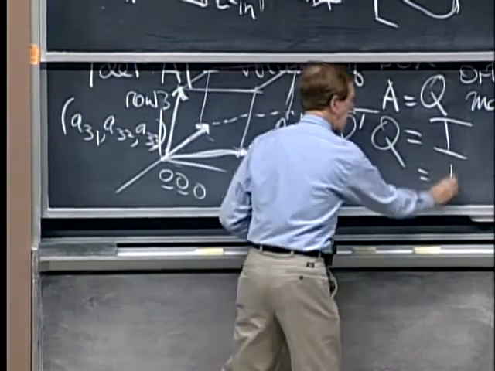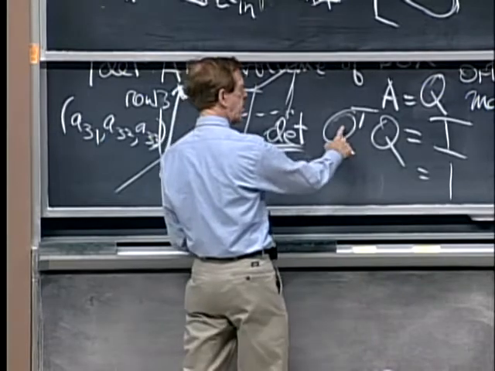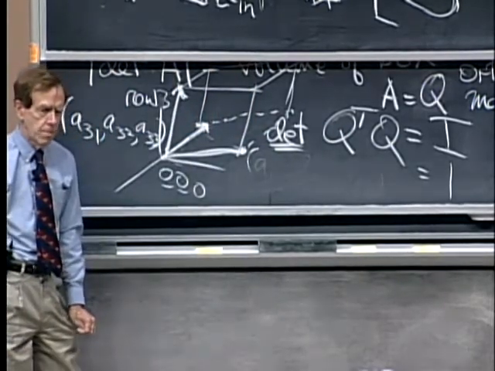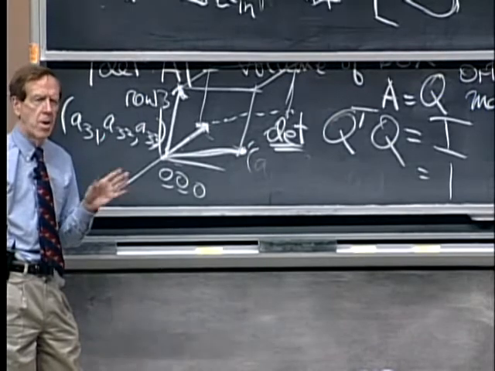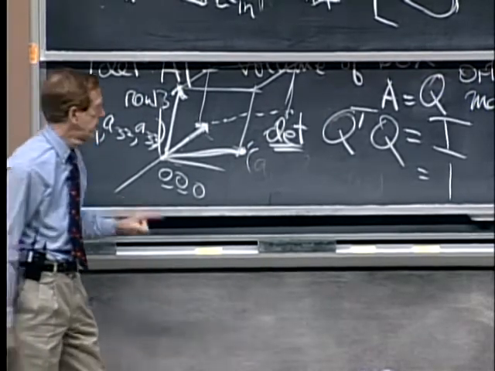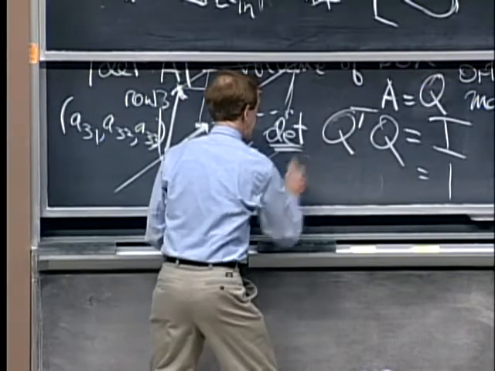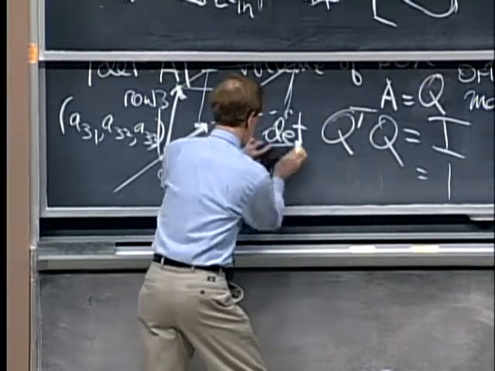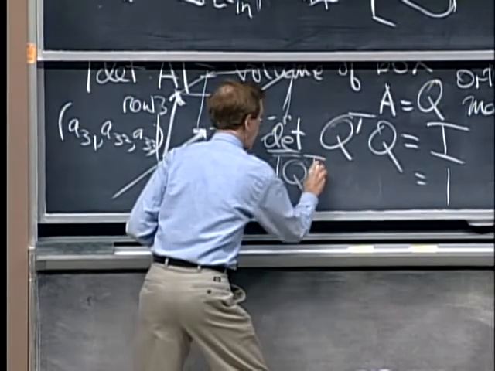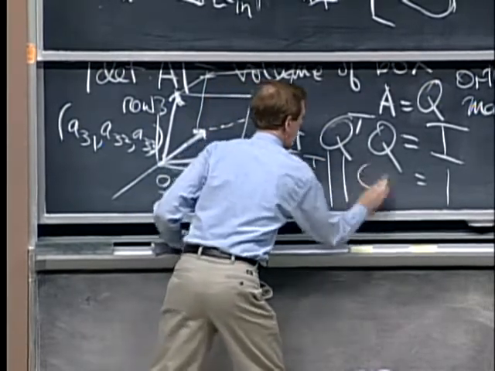The determinant of the identity is 1. What's the determinant of that product? Rule 9 is paying off now. The determinant of a product is the determinant of this guy times the determinant of the other guy.